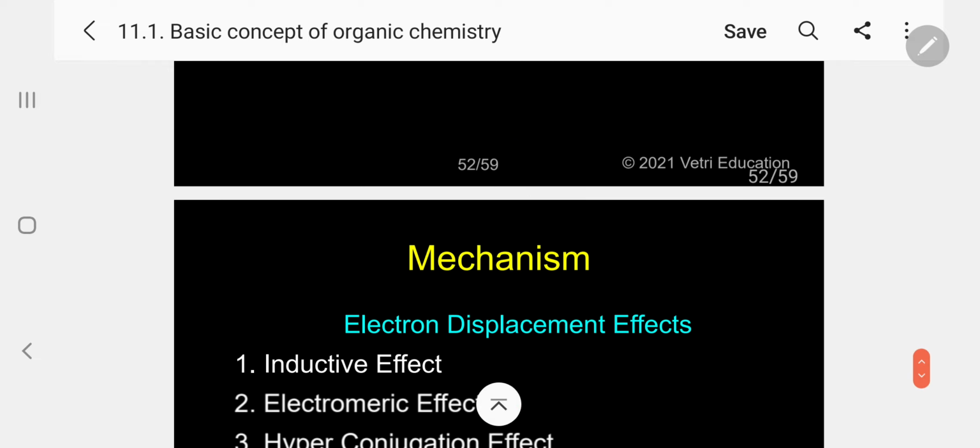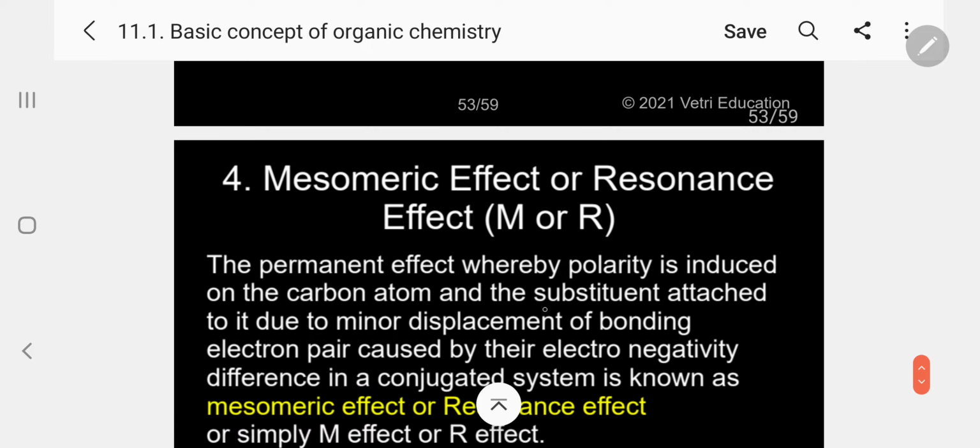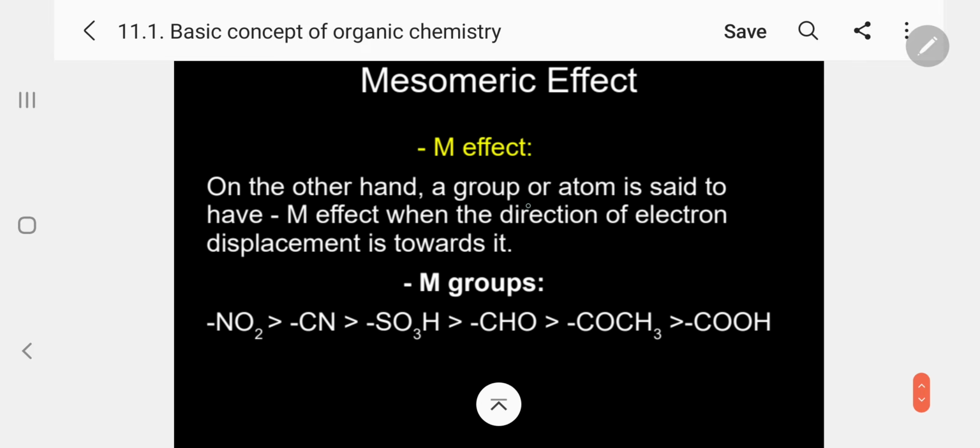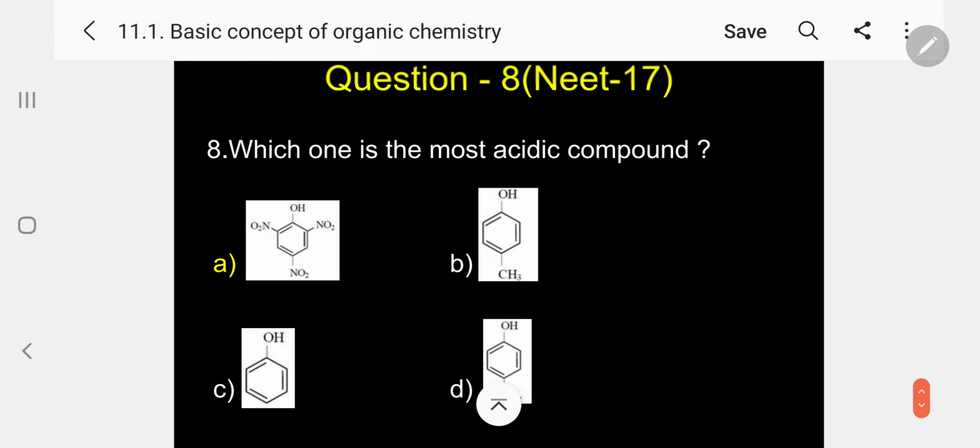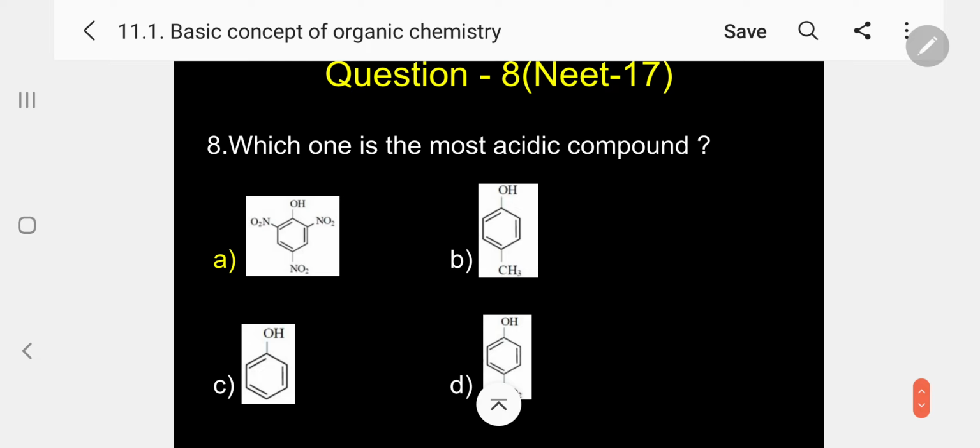Let me explain now, kindly follow. I do not have to repeat all the explanation again, because I have already explained what the mesomeric effect is in the previous case. So I will come directly to the question. Which is more acidic? The phenolic group, that is phenol, is an acidic compound.